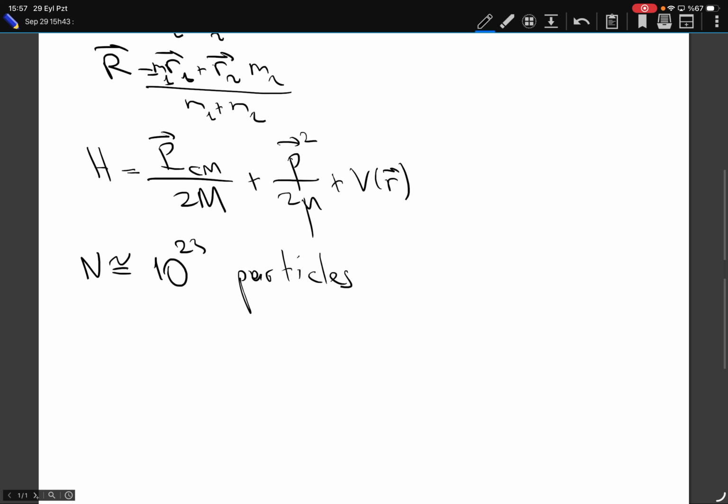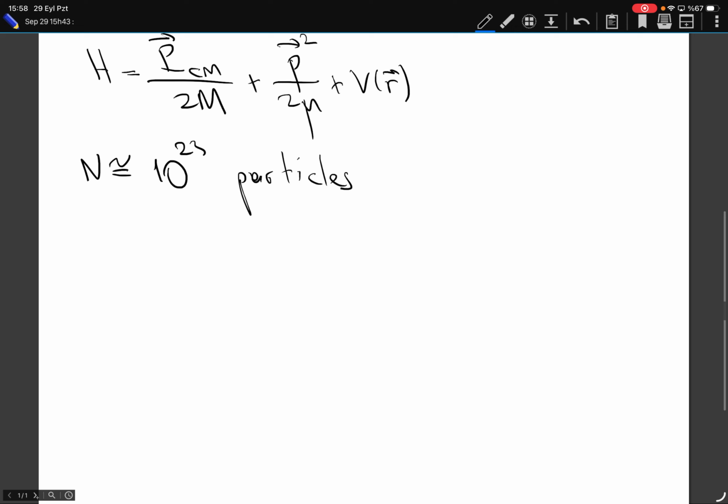When N is 10 to the power 23, I don't remember the exact number now, it's many terabytes of data, just storing the initial conditions. I'm not even talking about solving the differential equation. So it won't be practical. With the current technology, we cannot actually solve it. We have to simplify it.